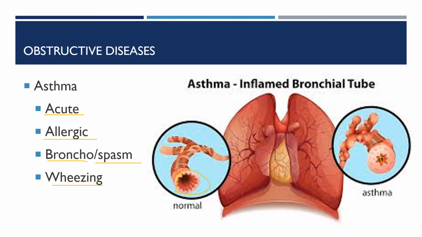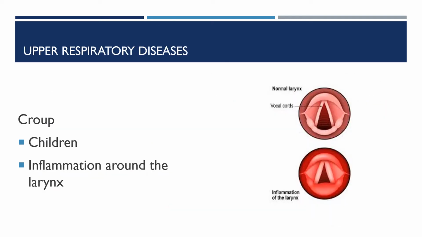Asthma is acute. Asthma comes on very quickly and it's often allergic. And though you do get some coughing, it's a dry cough. It's not that productive cough. And the primary symptom with asthma is wheezing.